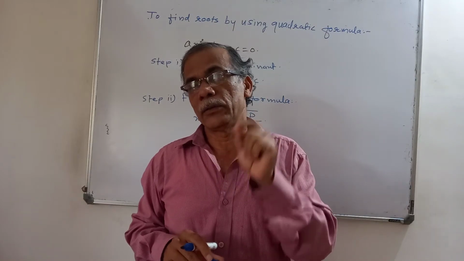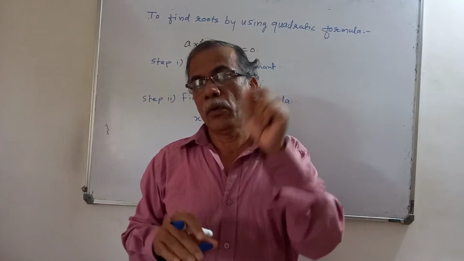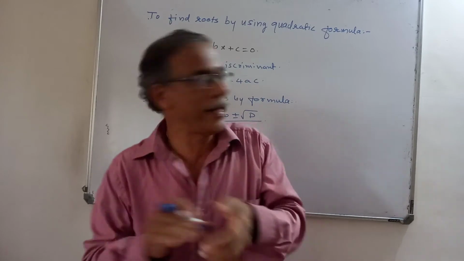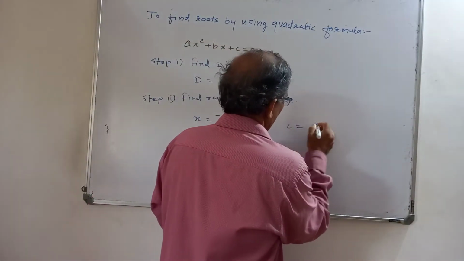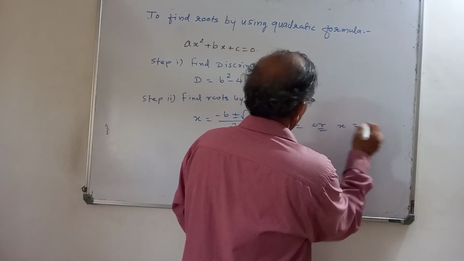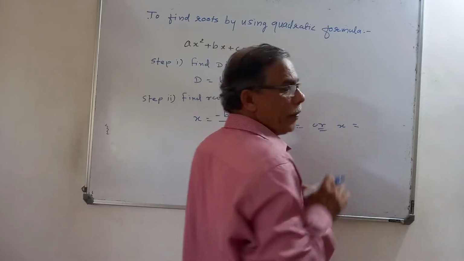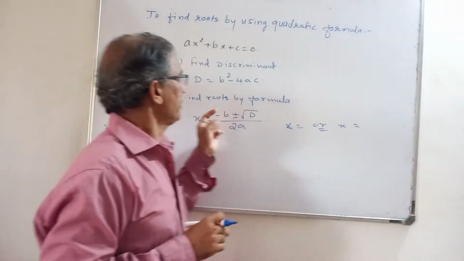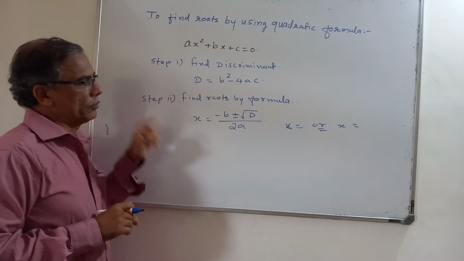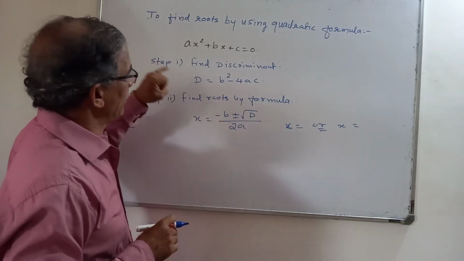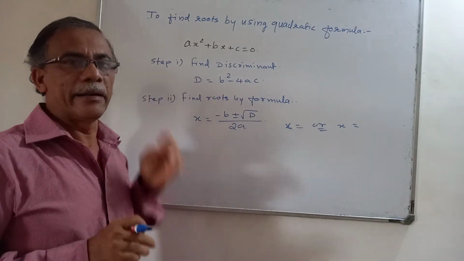Finally you write that x is equal to this or x is equal to that, so two values are available. So two different roots will be available only when d is greater than 0.